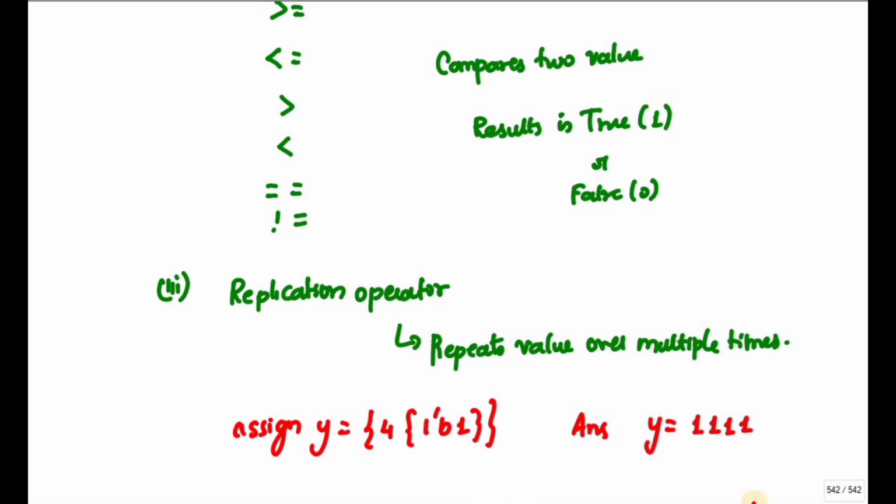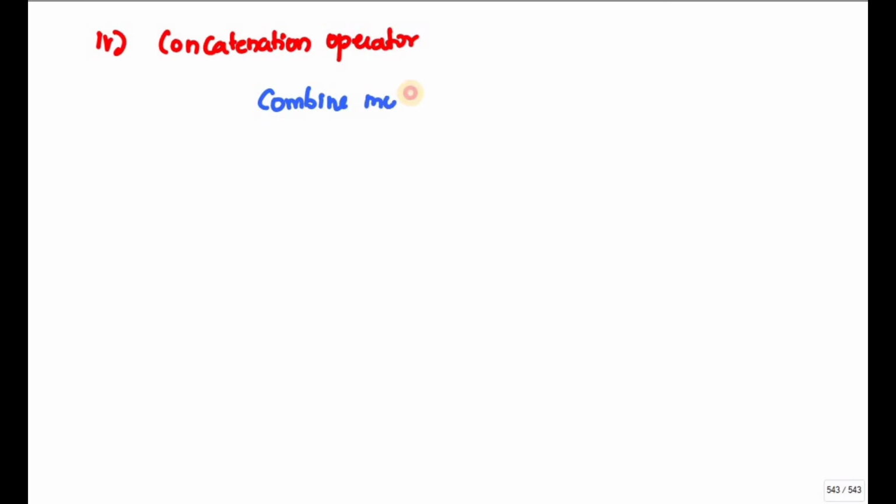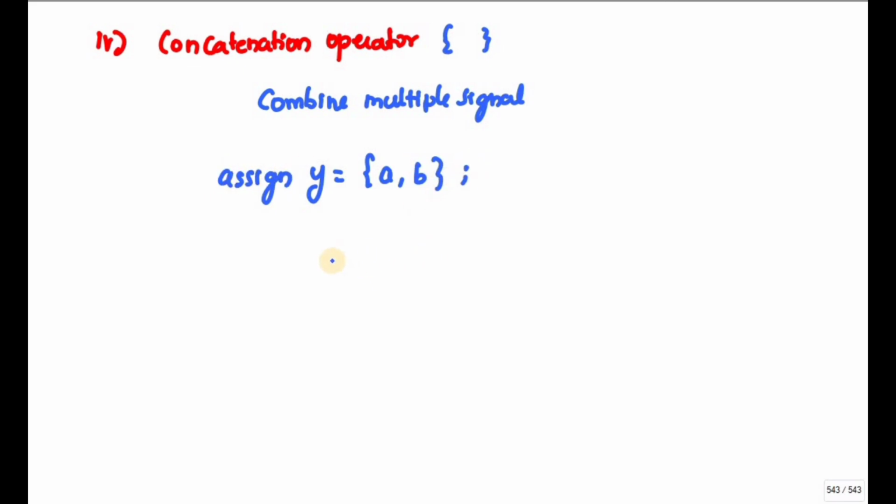The next operator is the concatenation operator. It combines multiple signals using open and close braces. If assign y = {a, b}; and the input a is given as four ones and b is 0101, you write the a value, four ones, then the b value, 0101.